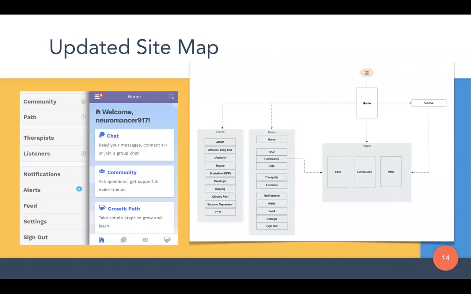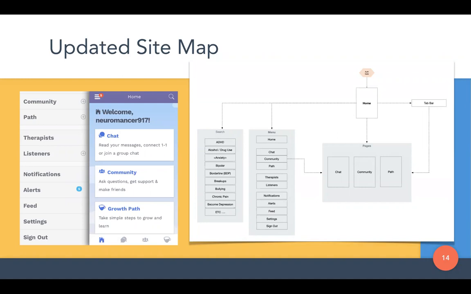So here's my updated site map. I went through this and I said, okay, well, what I would really want to do is have a home screen, because on this particular app, there are a lot more services than just chatting or what have you. And then on there, I thought, well, maybe it would be a good idea to communicate for new users what these services actually did.